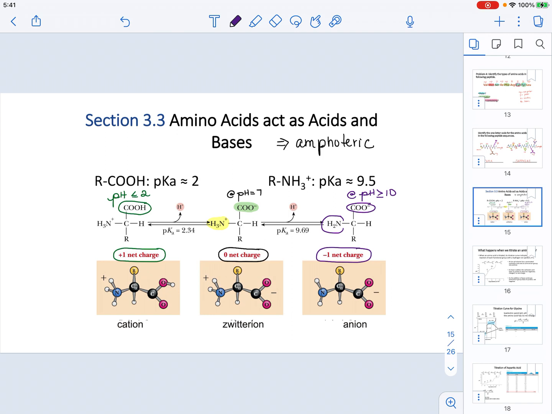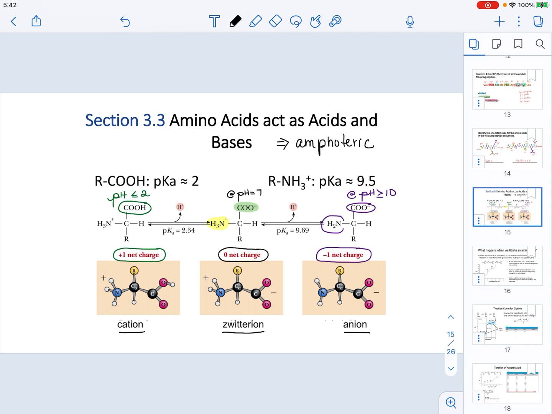So what does this mean overall? That at pH 7, you see that the molecule is 0 net charge. That is specifically known as the zwitterion form for an amino acid. If we are at pHs lower than or equal to 2, then we have a cation version for our amino acid. And as we get into really high pHs, 10 or above, then we have the anion version of our amino acid.